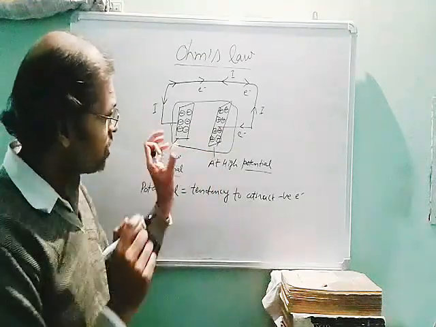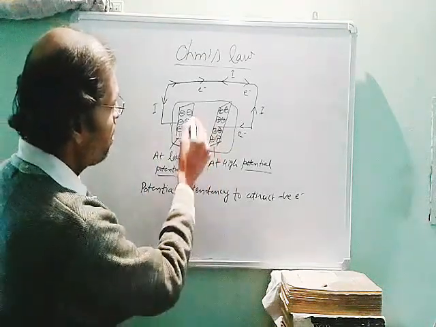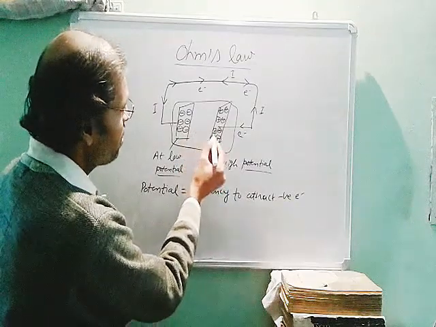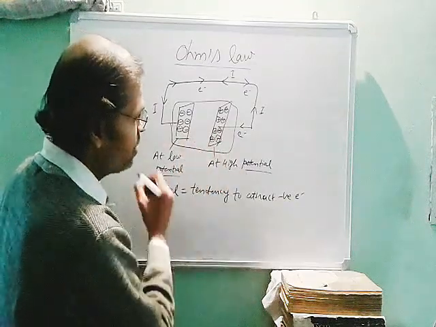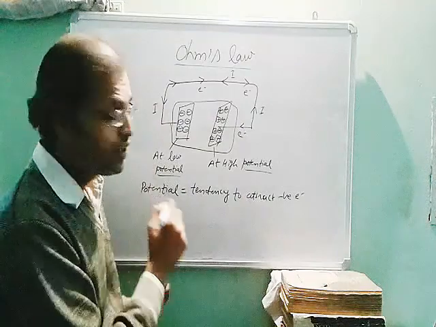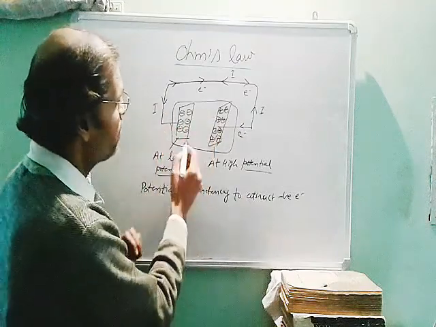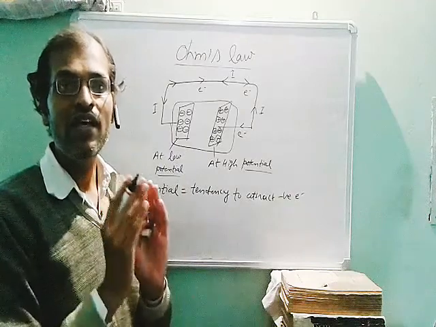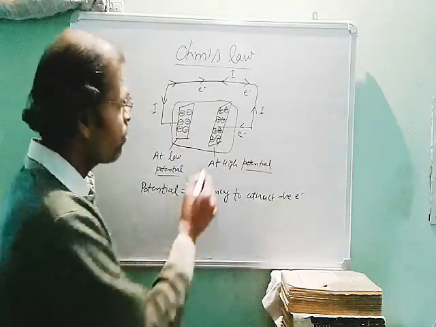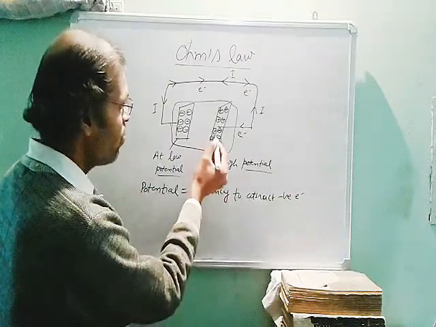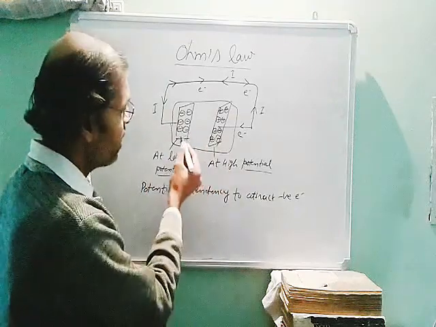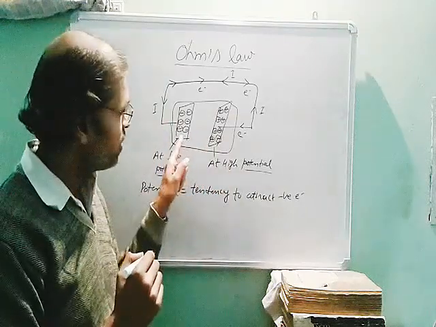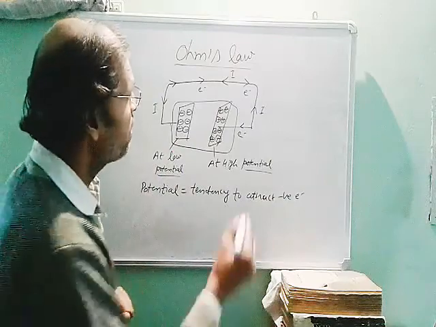So just focus on this part. This is at high potential, this is at low potential. So the maximum potential difference between these two plates is called EMF. The maximum potential difference between the positively charged plate of the cell and the negatively charged plate of the cell will be called EMF.